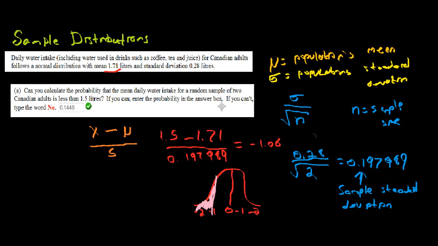So if you were to put this value on the table, it turns out you will get a value of roughly 0.1446. And as you can see, this is our answer. So this is the probability that out of a random sample of 2 Canadian adults, you will get something that's less than 1.5 liters.